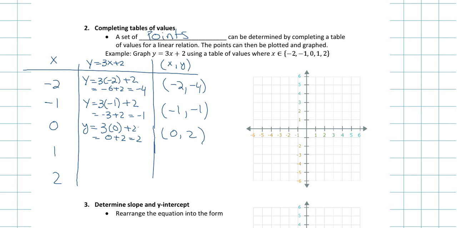No. Same thing for the next one. So I'm going to replace x with 1. 3 times 1 is 3. Add 2. So that gives you 5. So the point is 1, 5.